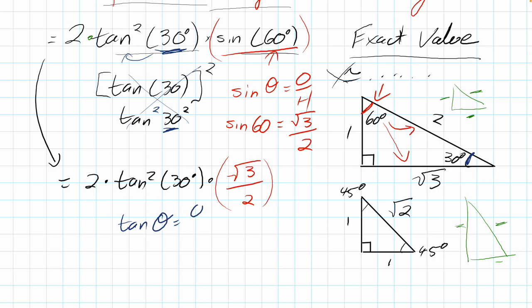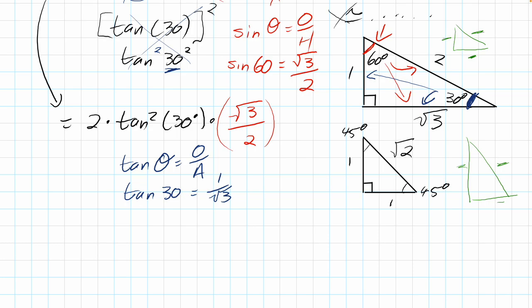And tan theta, we know, is the opposite over the adjacent. So if I refer to 30 as my angle, my opposite is 1, and my adjacent is root 3. So in other words, tan 30 is equal to 1 over root 3. On my next line, I get 2 times, and I'm going to replace tan 30 with this value, 1 over root 3.